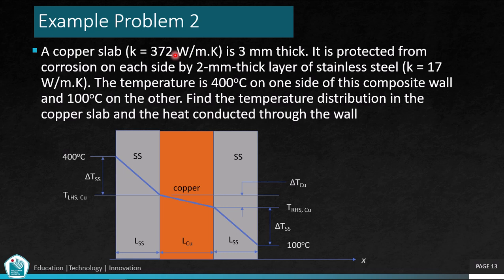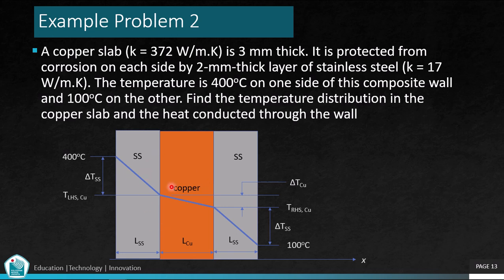The value of the thermal conductivity of the stainless steel is like 1/20 of the copper. So it means also that if the material has the higher thermal conductivity, the temperature gradient is not so large compared to a material with less thermal conductivity.